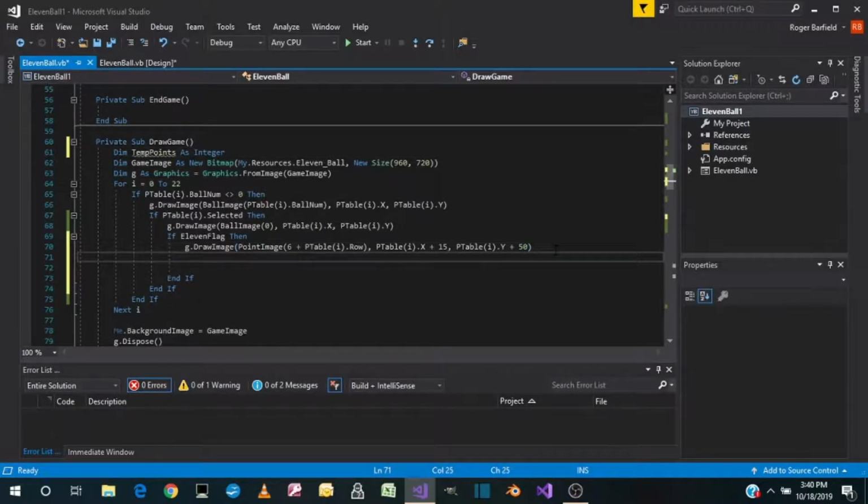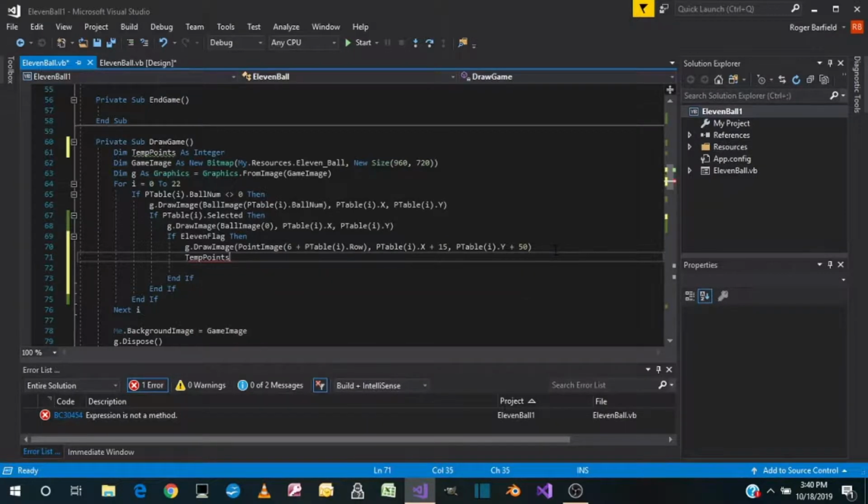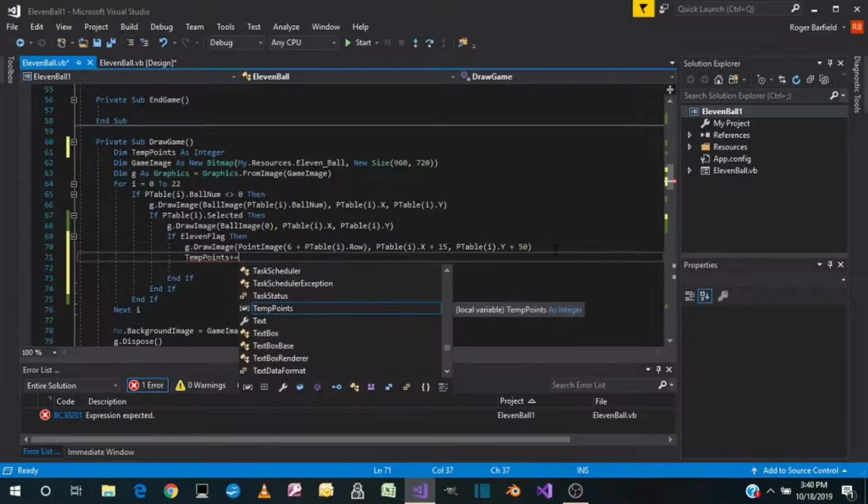Okay, if we made a combination of 11 and we're actually drawing the balls before we remove them, then we add the score. So temp points plus equal.